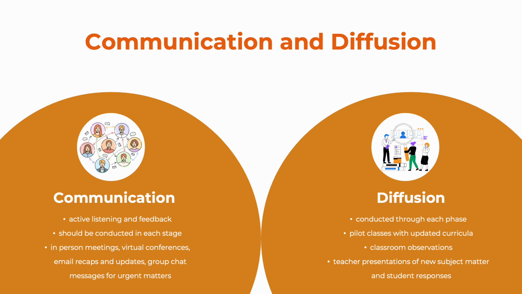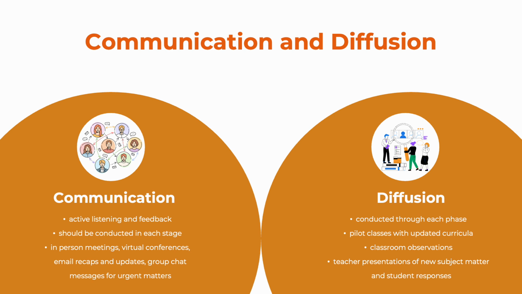As was mentioned before, feedback should be throughout the entire model. Therefore, communication diffusion is also going to be done throughout this entire model. Communication should be focused on active listening and feedback. It should be conducted throughout each stage. It can be done through in-person meetings, virtual conferences, email recaps, updates, and group chat messages, perhaps for urgent matters.